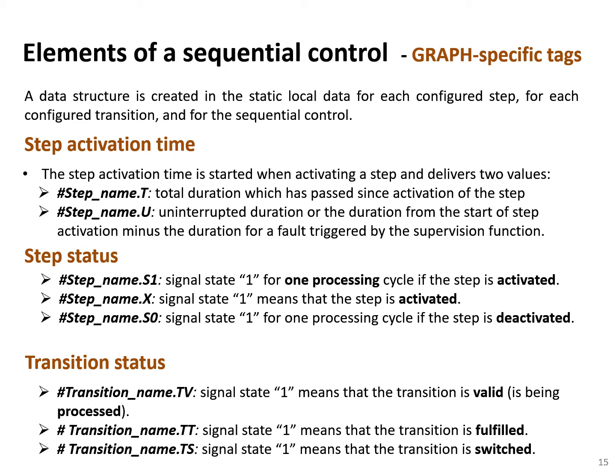The step activation time starts when activating the step and delivers two values: step name.T, the total duration which has passed since activation of the step, and step name.U, the uninterrupted duration, or the duration from the start of step activation minus the duration for a fault triggered by the supervision function.